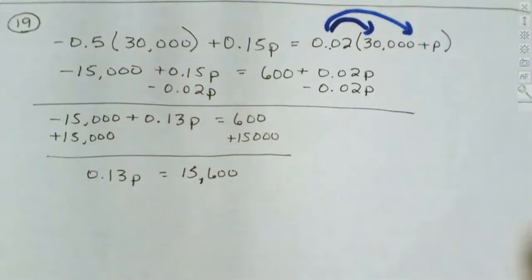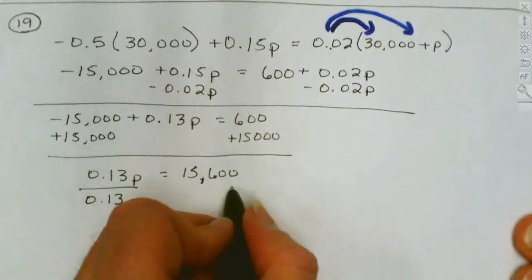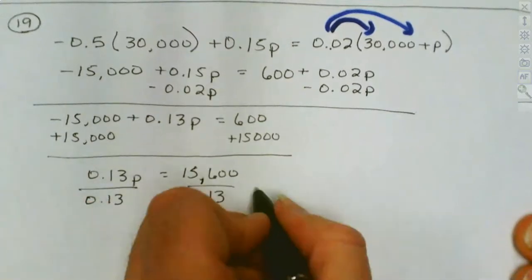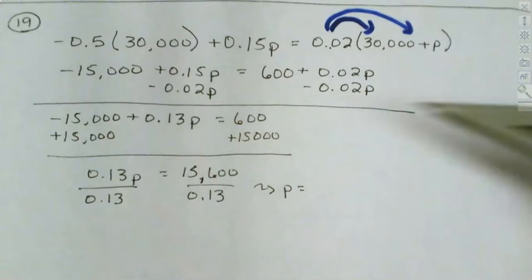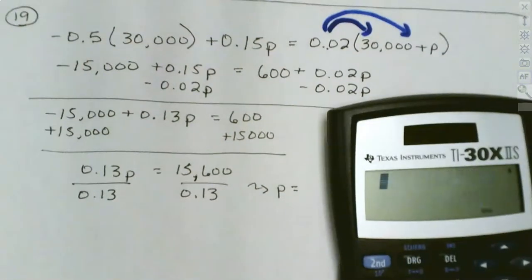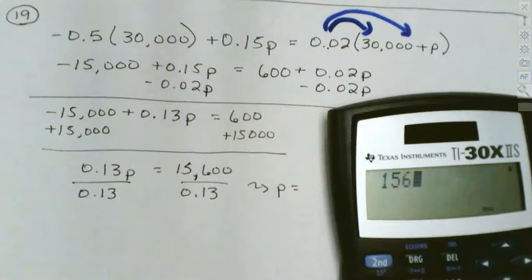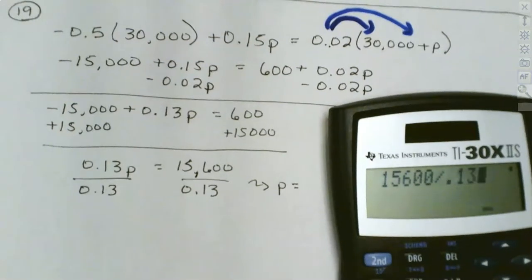And what's our last step going to be? Divide by 0.13. And that should leave you with your final answer. Then we just use our calculator here. And we've got 15,600 divided by 0.13.